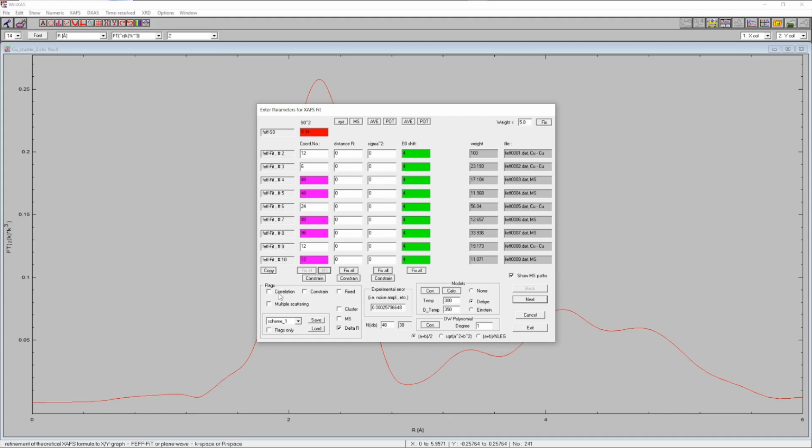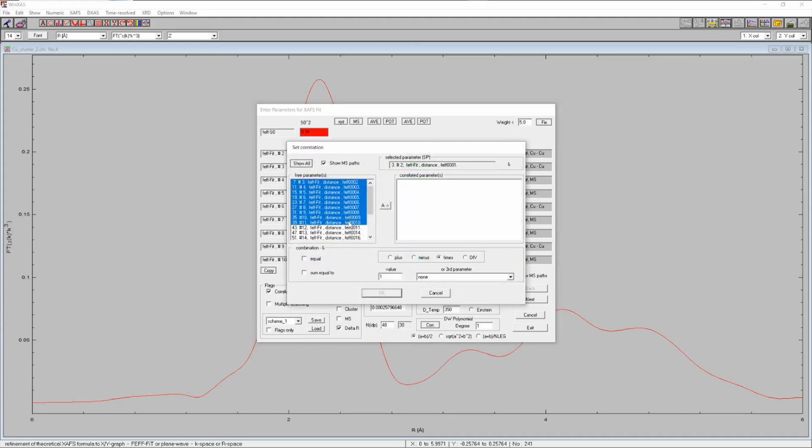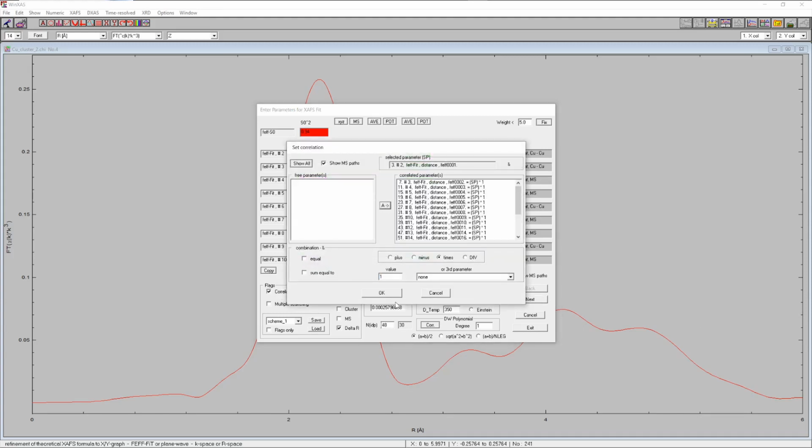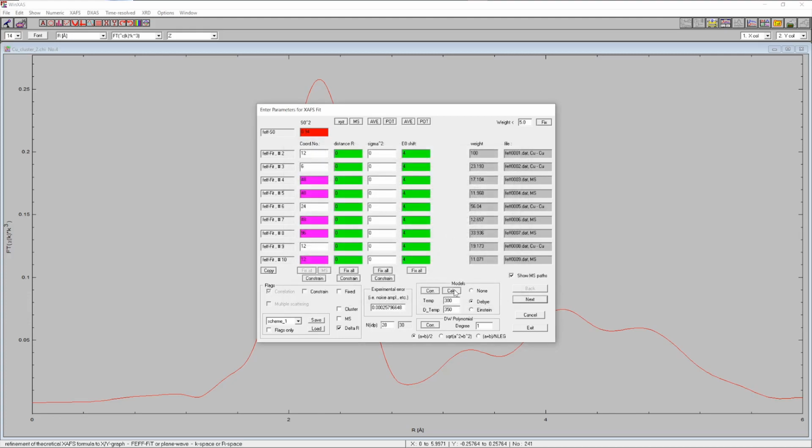All the delta R for all distances are to be refined the same. And we can just calculate the Debye-Waller factors using the correlated Debye model as starting parameters. And then we are going to use the first order polynomial and correlate that. So this is now being used in the refinement.